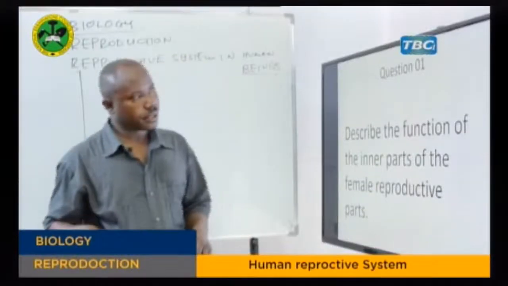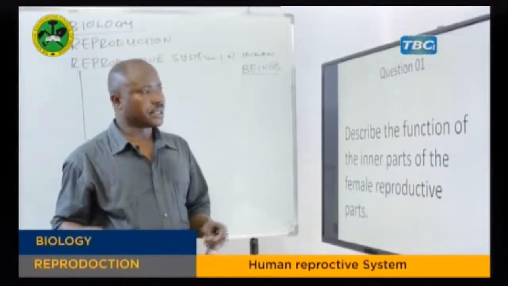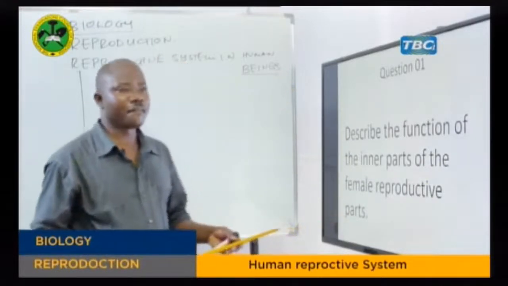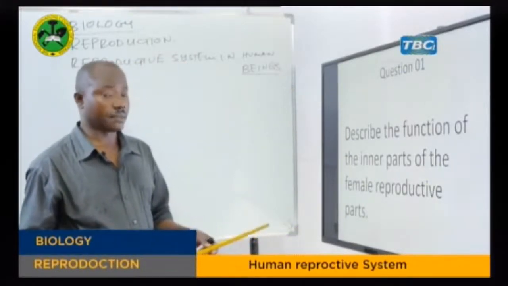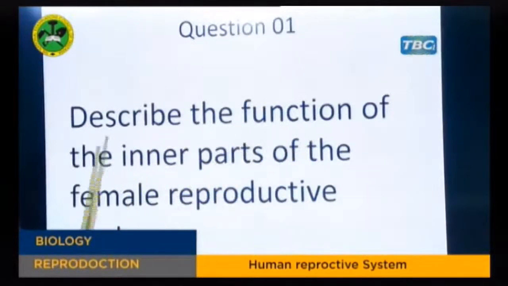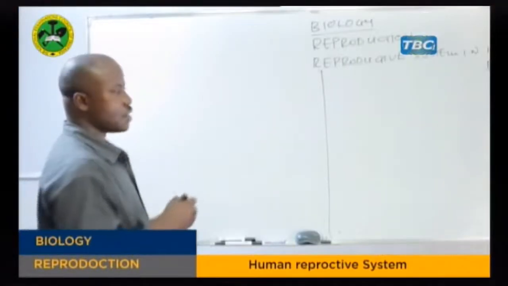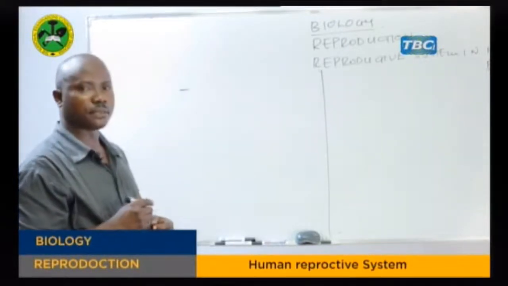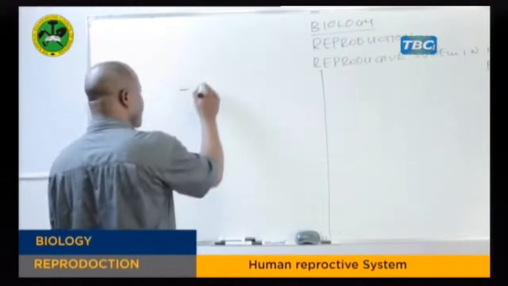The following question is one of the guiding questions that can come from the female reproductive system. The question reads: describe the function of the inner parts of the female reproductive system. Here you have to identify the inner parts of the female reproductive system. You have the ovary.